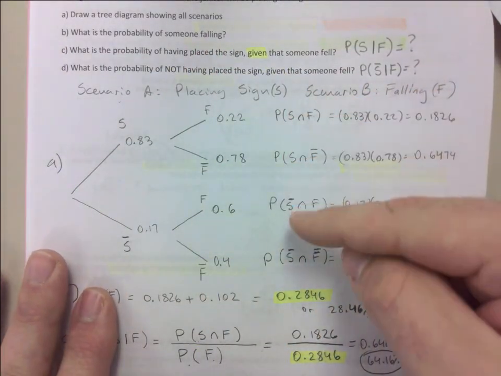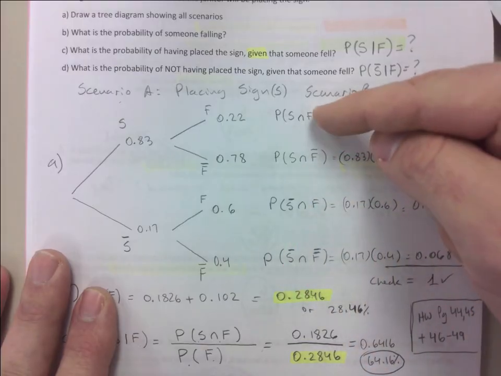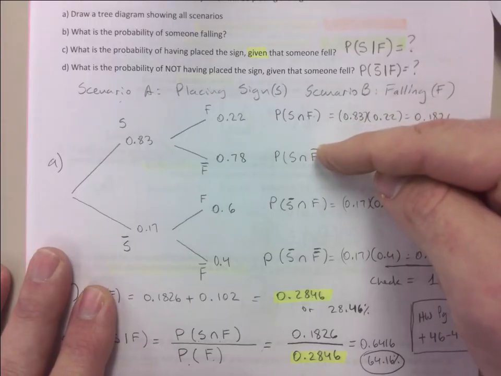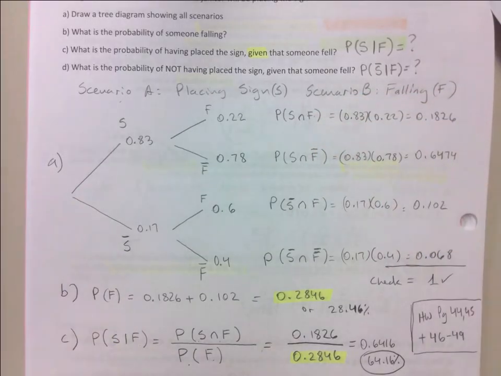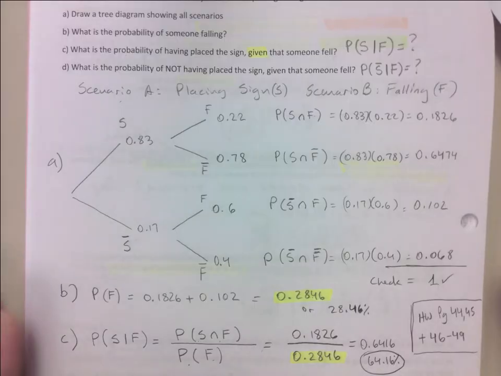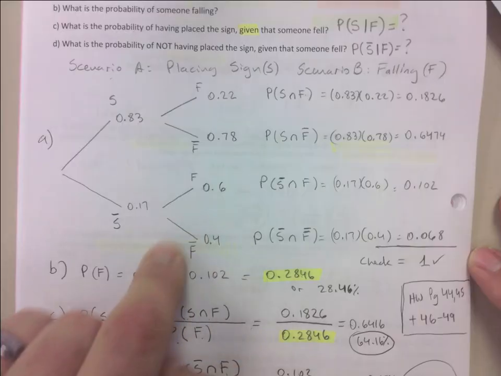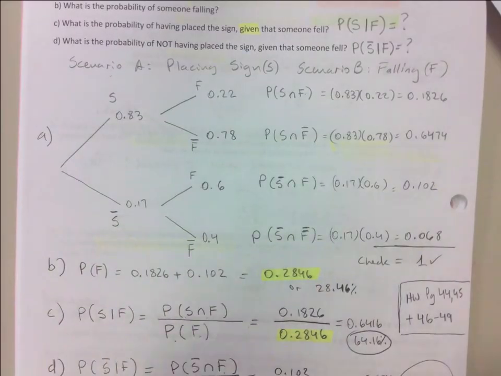Putting up the sign, not putting up the sign, and then falling versus not falling. So you're looking at every possible scenario, including where the sign has not been put up and nobody fell. So you're including all possible cases. That's what a tree diagram is good for. I'm going to stop here.